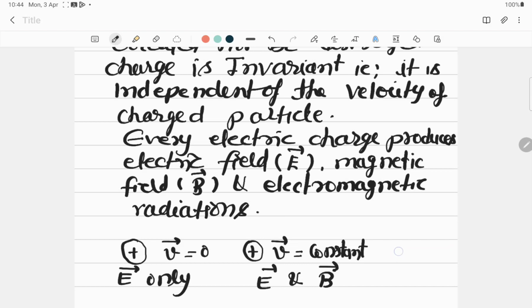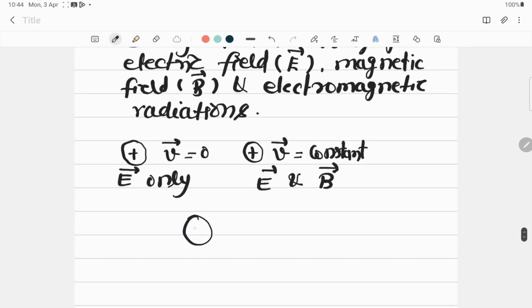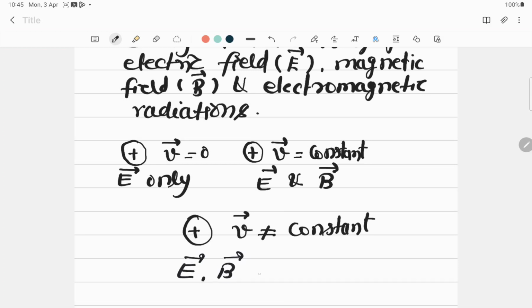And also, if the charge is moving with varying velocity, meaning velocity vector v is not equal to a constant, then it produces electric field, magnetic field and radiates energy.